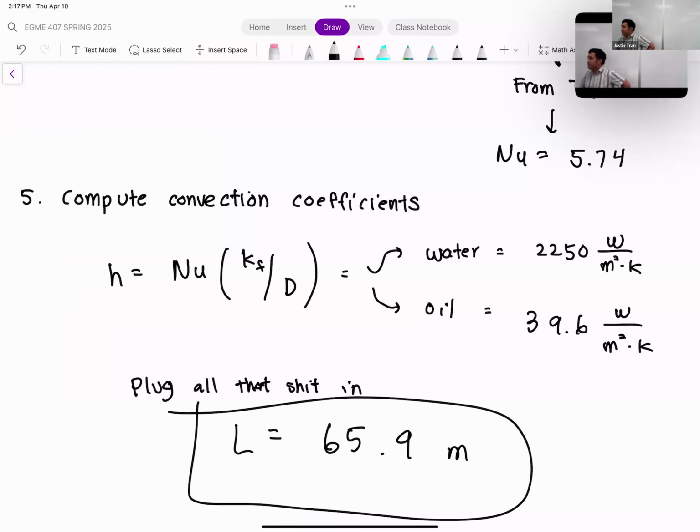Say for example, we have a geometry on the surface. It's a mixed boundary there. Say for example, this problem, number 2, you asked when does it become turbulent?